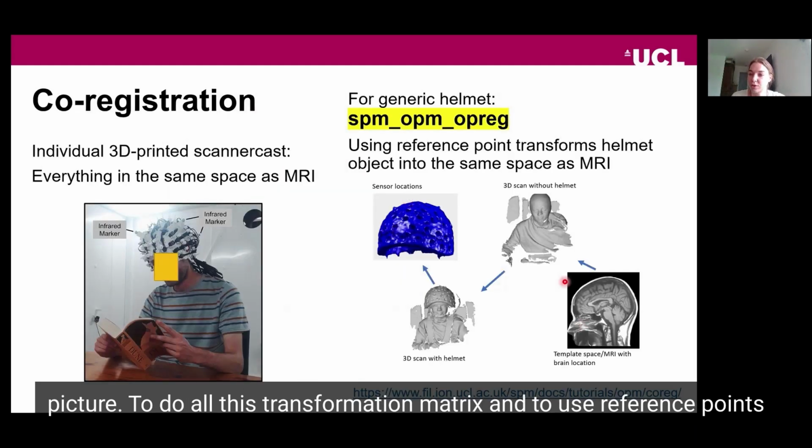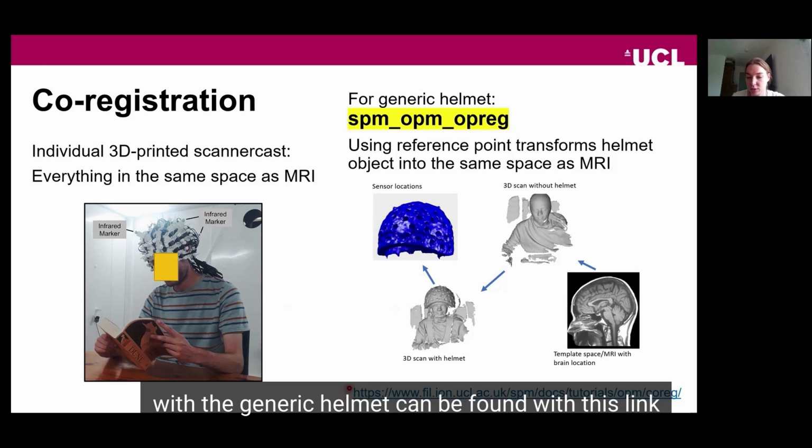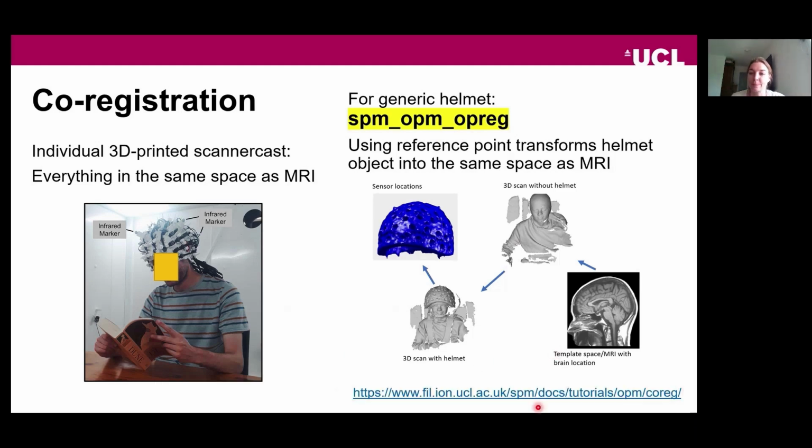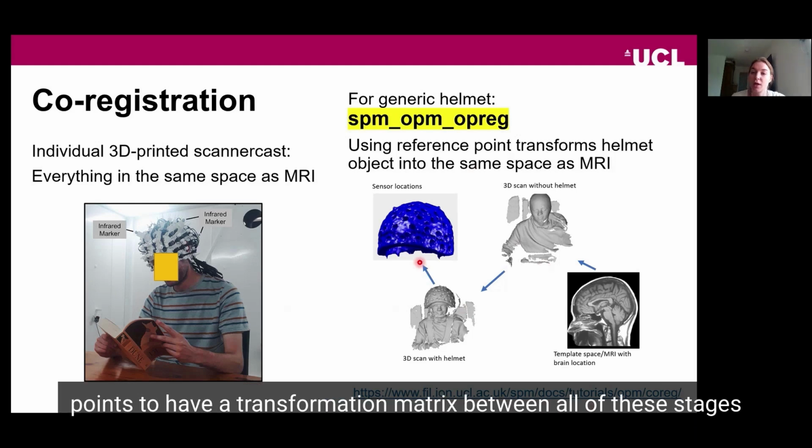To do all these transformation matrices and to use reference points, we have the function SPM OPM opreg. How to use it, and the tutorial with the generic helmet, can be found at this link. Again, this function needs four sets of reference points to have a transformation between all of these stages.